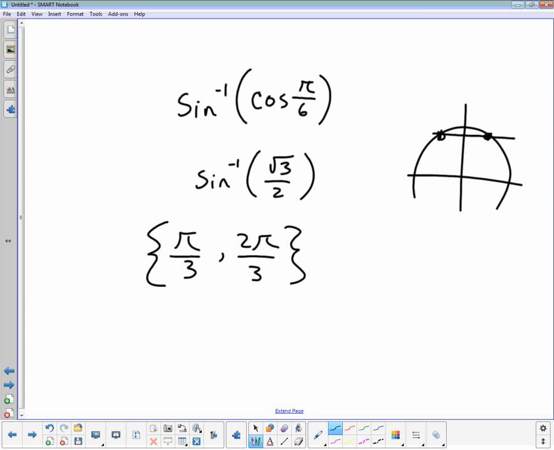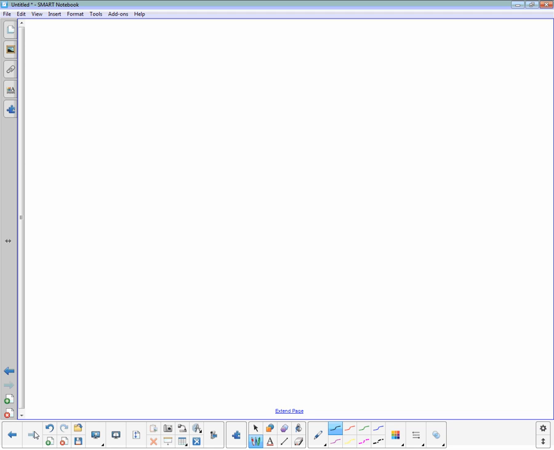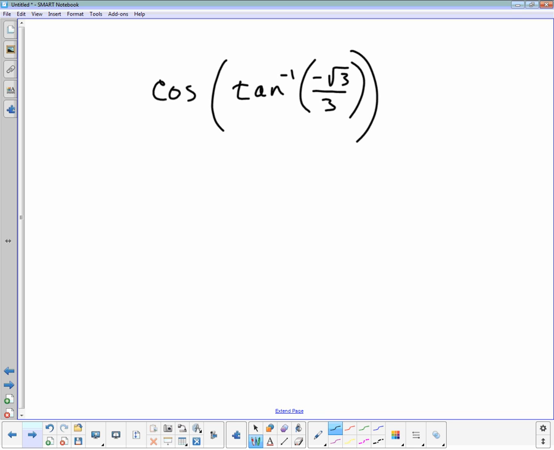What about this one? It's a negative small slope. Square root of 3 over 3 is a small slope, right?